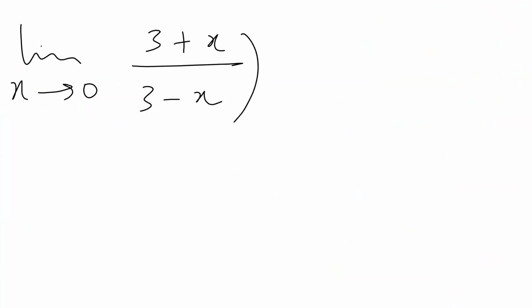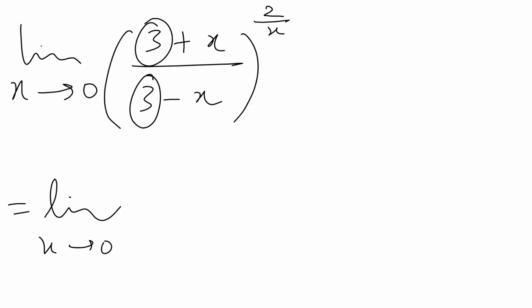Limit x approaching 0, 3 plus x upon 3 minus x, raised to 2 by x. Now we require 1 over here. So what to do?